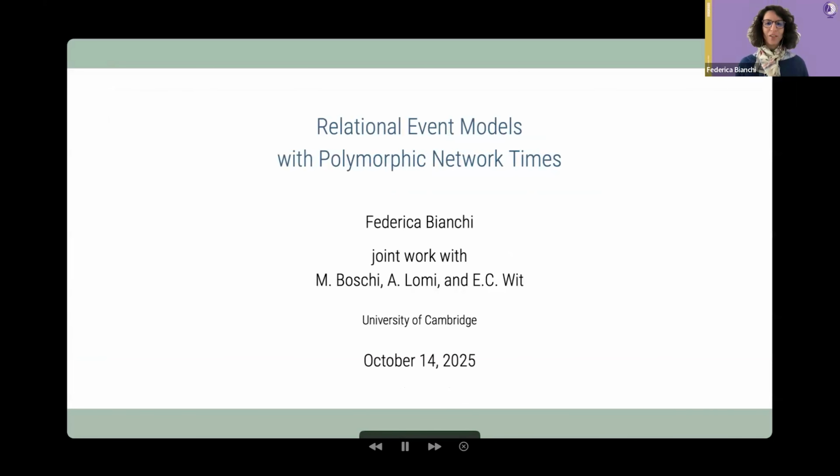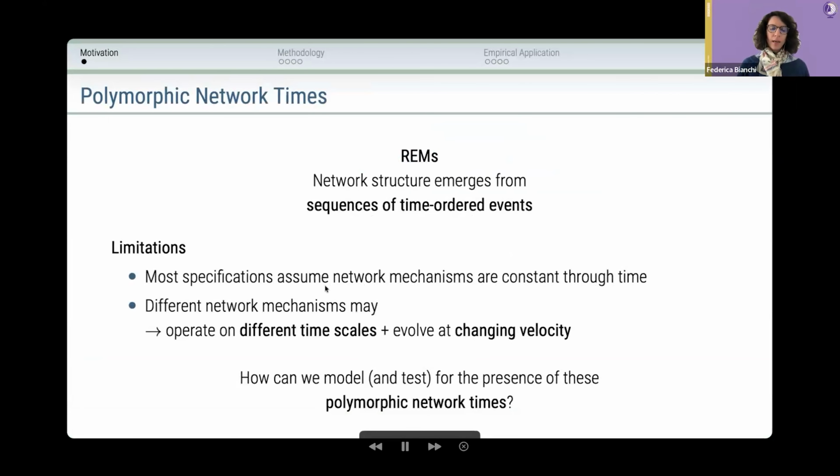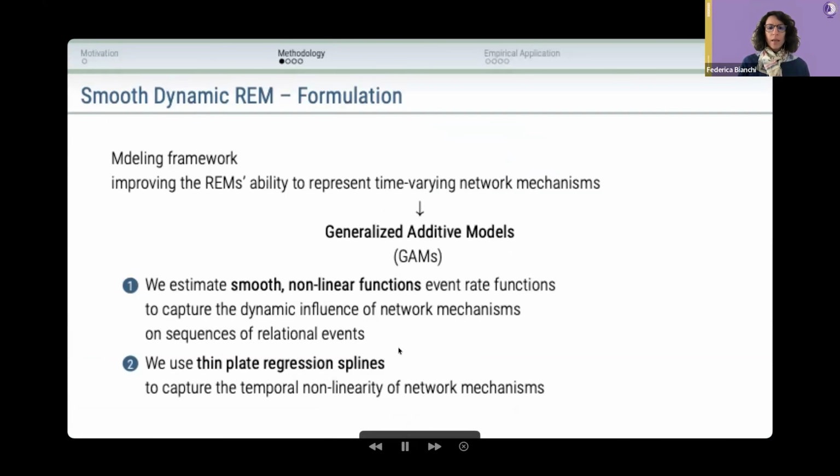Okay, thank you, Deborah. The paper I will be presenting today is joint work with Martina, Alessandro Lomi, and Ernst Witt. The motivation behind this work lies in a long-standing stream of my research based on network mechanisms, and especially the evolution of network mechanisms in evolving relational systems like markets and organizations.